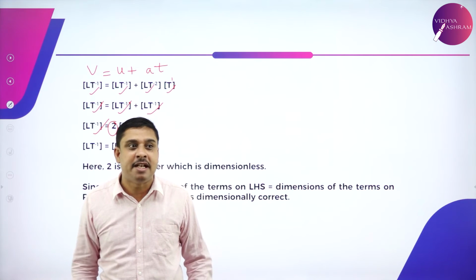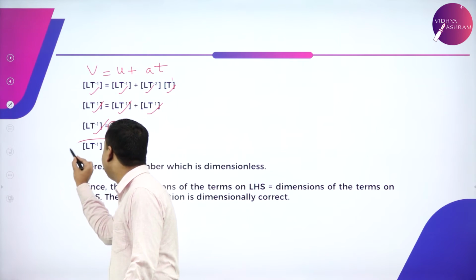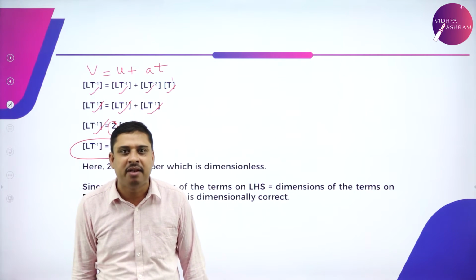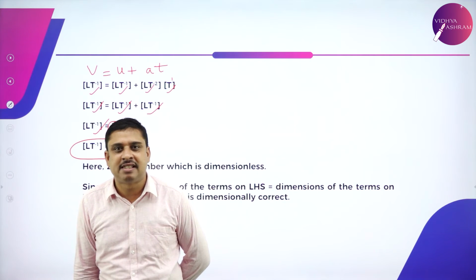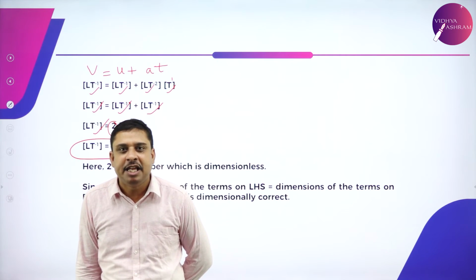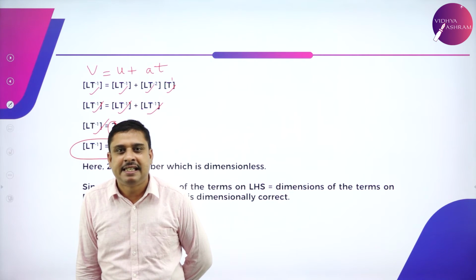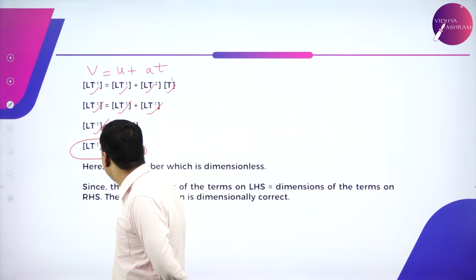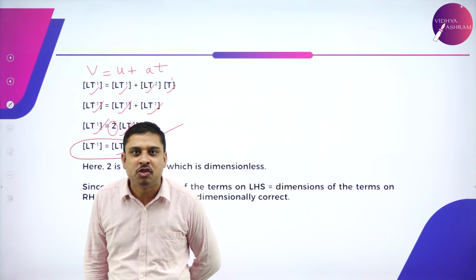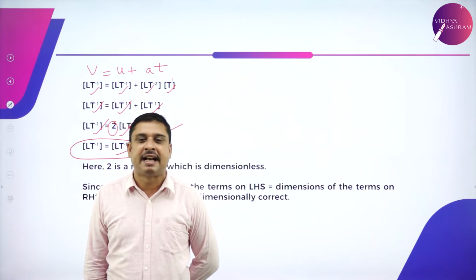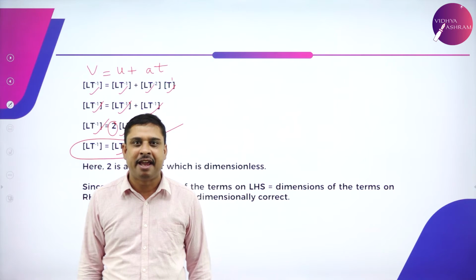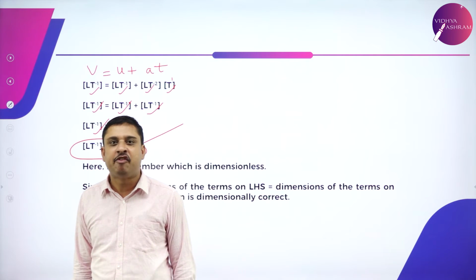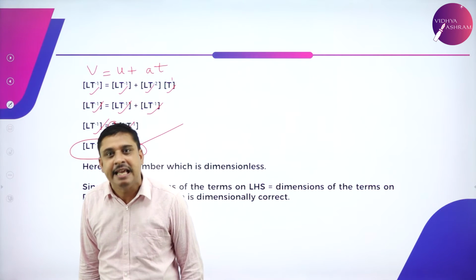I don't write dimensions for it. So LT minus 1 equals LT minus 1. So beautifully, students, again, the dimensions of the terms on the left hand side are equal to the dimensions of the terms on the right hand side. Very clearly, the principle of homogeneity is satisfied and therefore it is dimensionally correct.